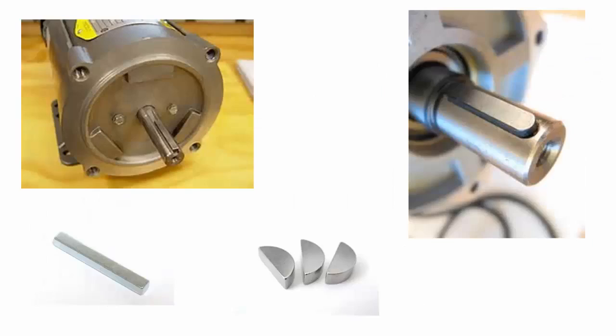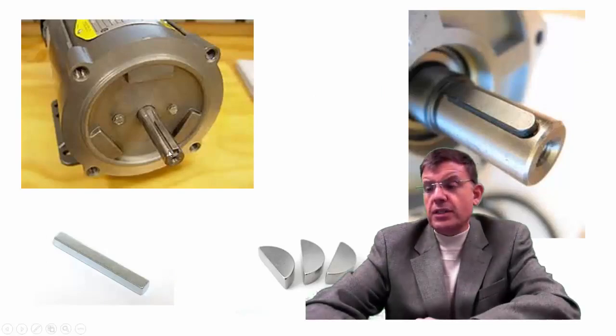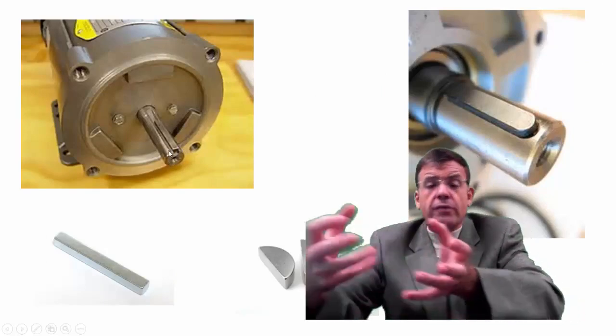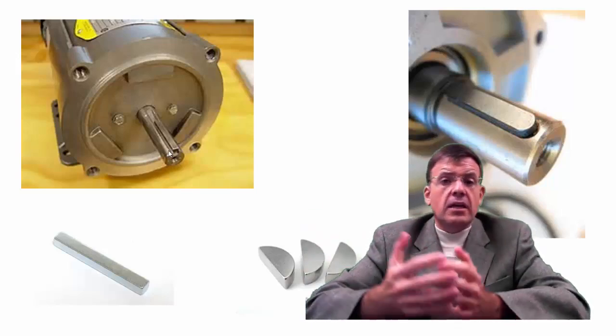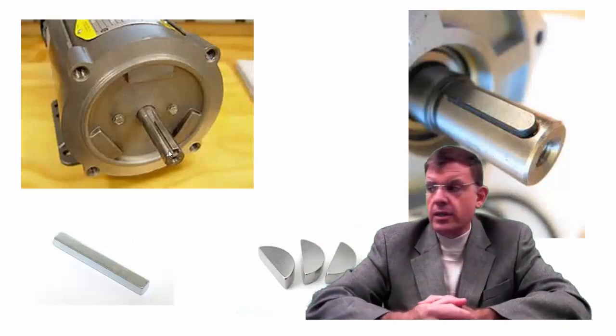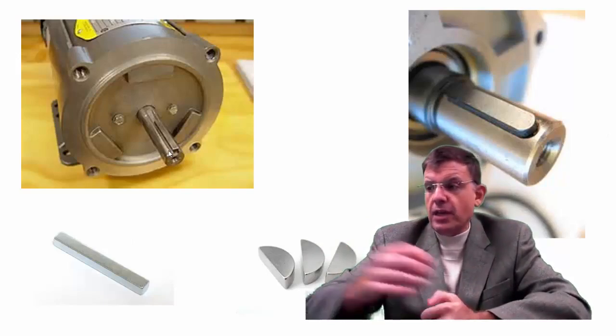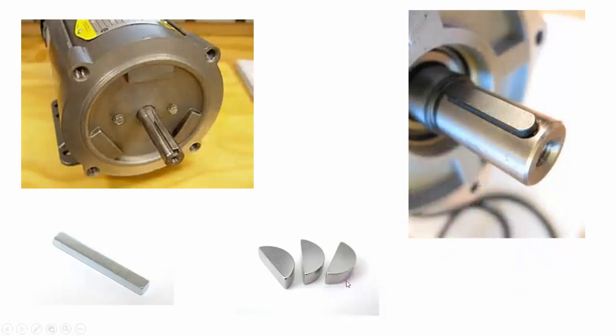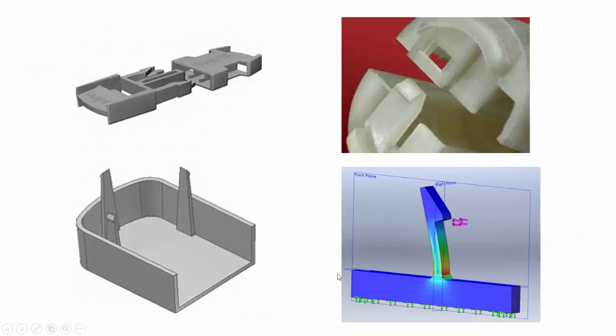These are keys, okay, and they're used to allow power transmission from the shaft, for example, the output shaft of a motor, to the driven shaft of, let's say, a fan, a compressor, really any type of rotating machinery. Okay, and down here we have these components known as woodruff keys. Okay, so different designs there.